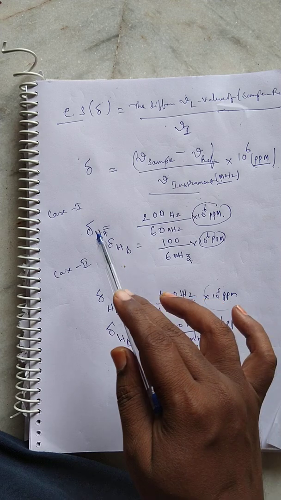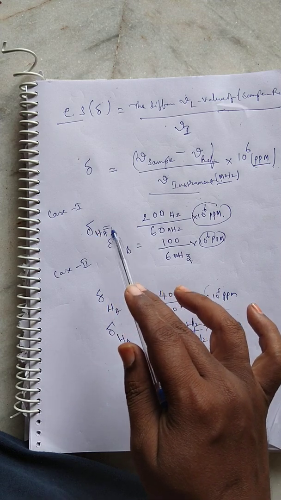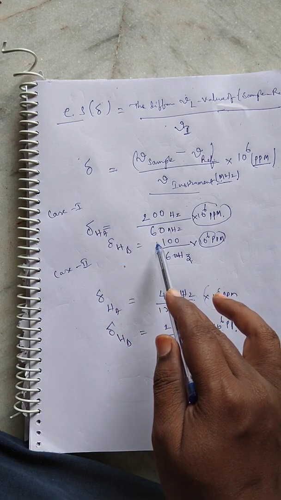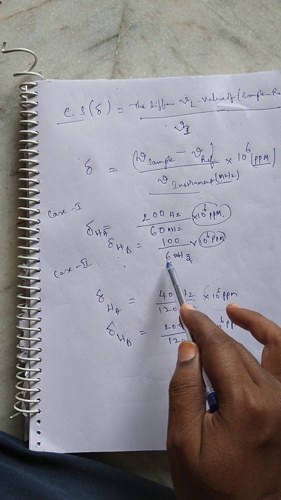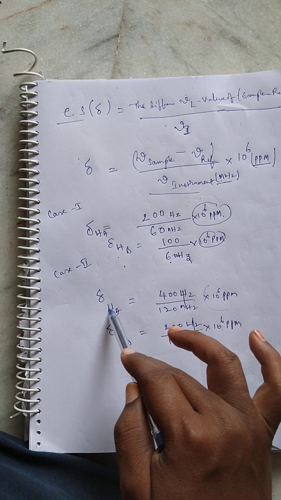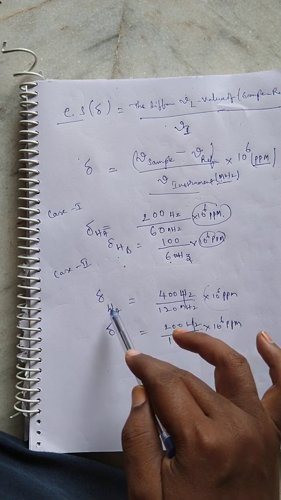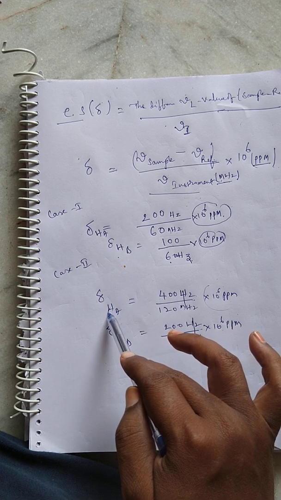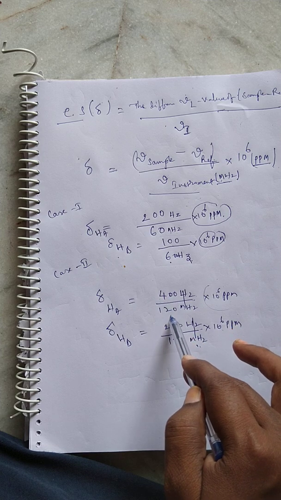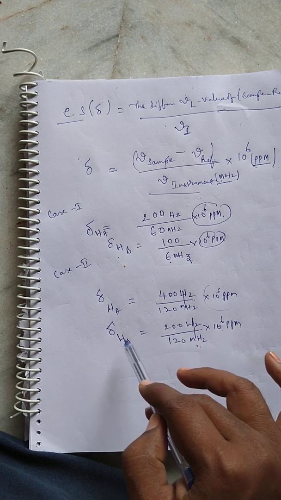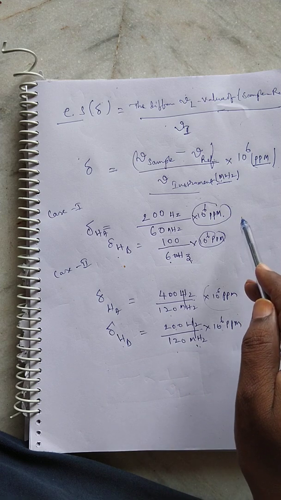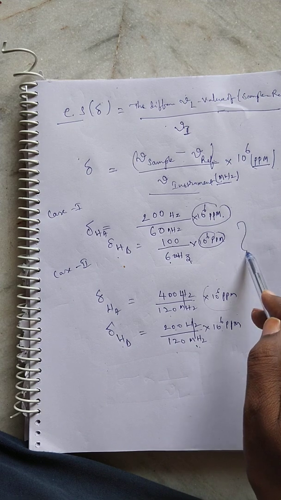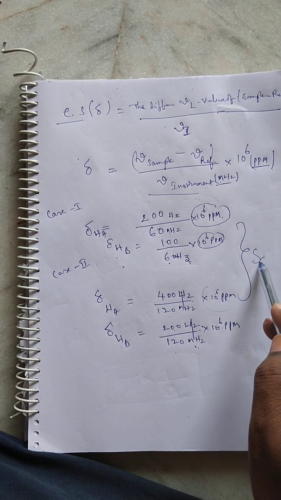So let us see in case 1. This chemical shift value is 200 upon 60, and for HB 100 upon 60, right? In case 2 also, delta HA is equal to 400 upon 120, and for HB it is 200 upon 120. So both are one and the same, right?